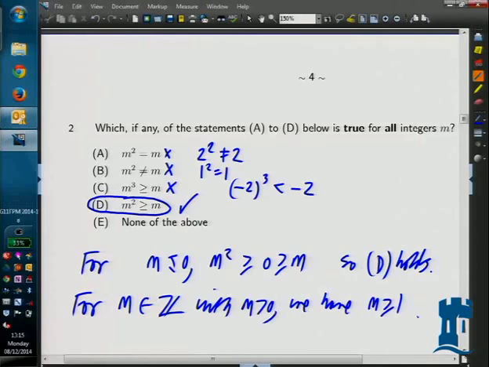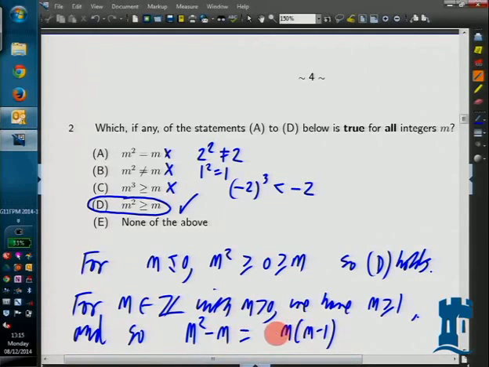If you have an integer that's greater than 0, then it actually has to be greater or equal to 1. And so, for the details of m squared greater or equal to m, you could write m squared minus m equals m times (m minus 1). And you can see that that's a product of two non-negative things, because m is greater than 0, m minus 1 is greater or equal to 0, so that's greater or equal to 0.